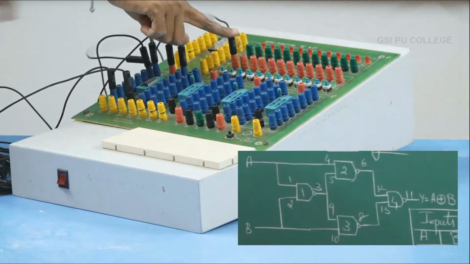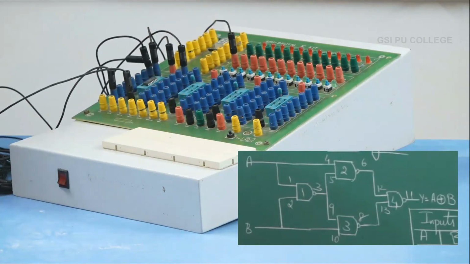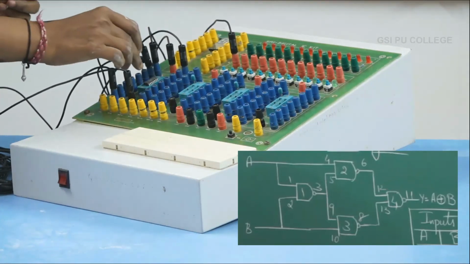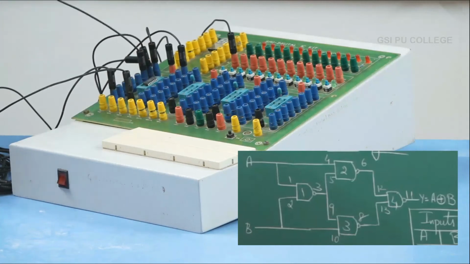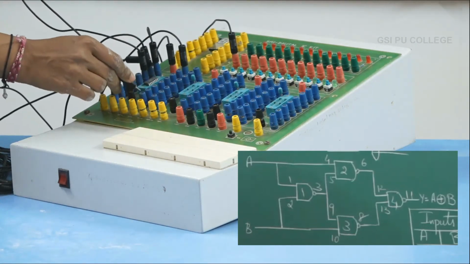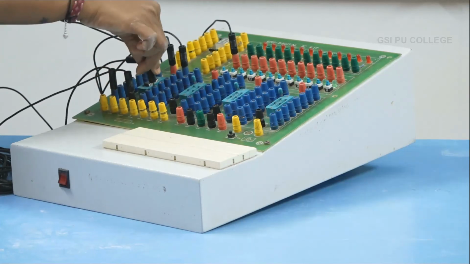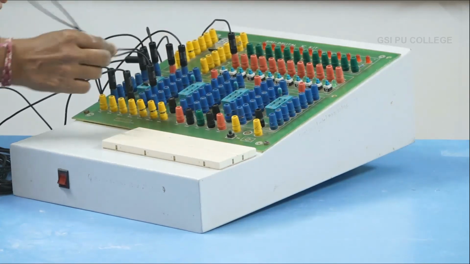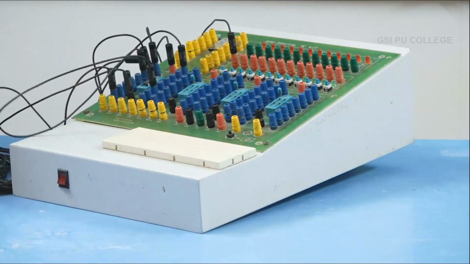So this is considered as A, and pin number 3 will be connected to 9. So this is 8, I am just leaving the last pin. This is 8, this is 9. Pin number 3 is connected to 9 directly.